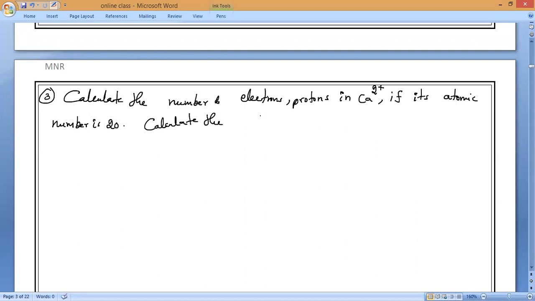Again, chapter 3, interlinking. Calculate the formula of its phosphate. Okay, right.